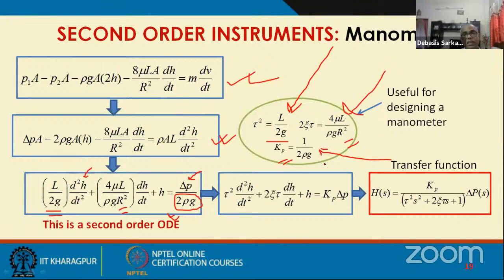So all these things can be suitably chosen so that you can have appropriate value of zeta or tau or K, etc. So such analysis will be useful for designing a manometer.